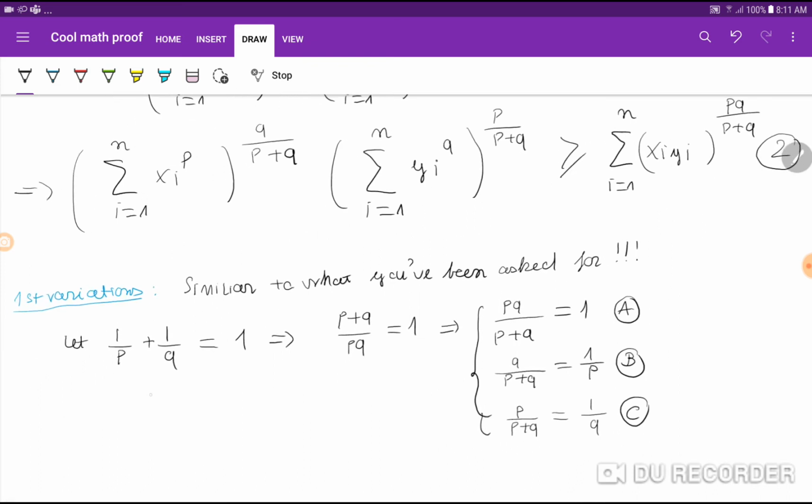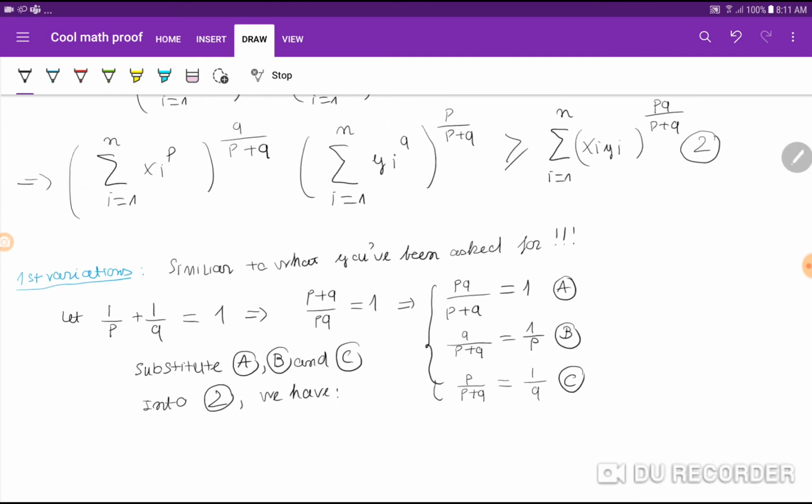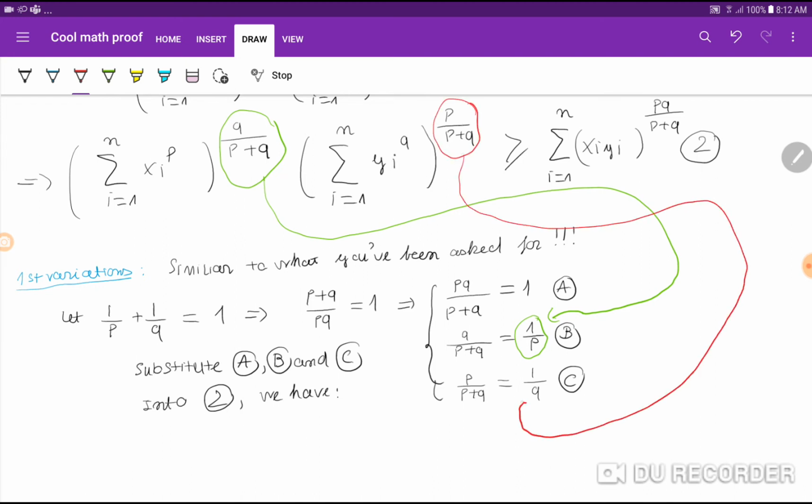Okay, now substitute A, B, and C into 2. This term right here becomes this term, this term right here becomes that term, and this term right there becomes 1.